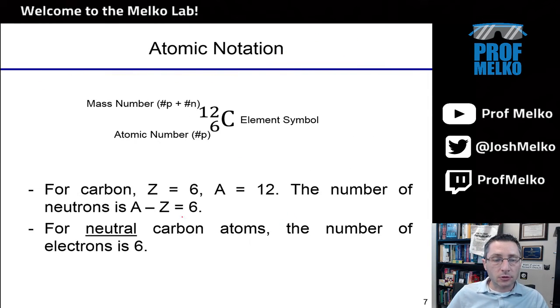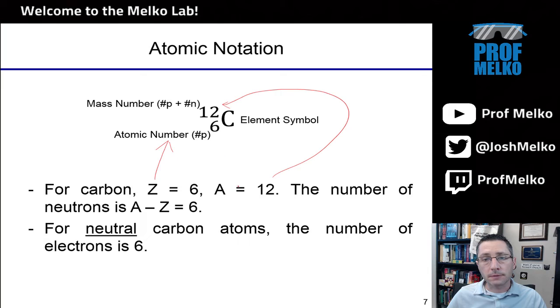So here's the example again, sort of laid out. For carbon, Z equals 6. That's the atomic number. A equals 12. That goes in the upper left. The number of neutrons is then the difference in these two numbers. Okay, so if you're given these atomic notations and asked for the neutrons, you always subtract those two numbers. For neutral carbon atoms, the number of electrons is 6.